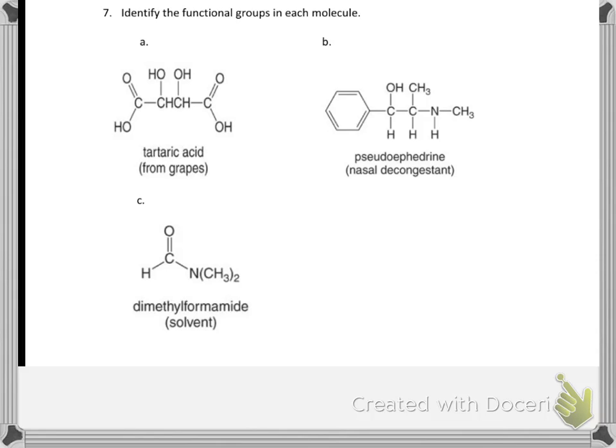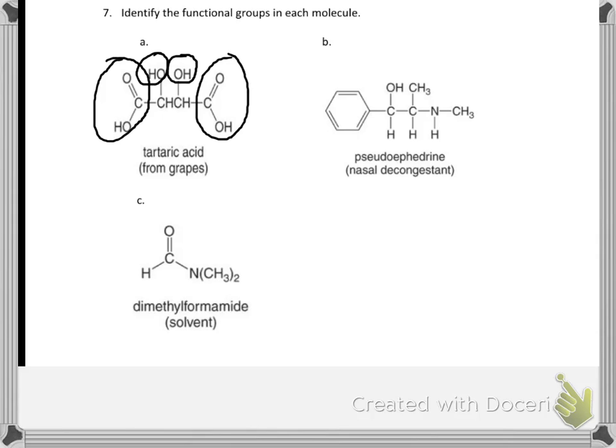Now, when I'm looking for functional groups, heteroatoms are the first thing I look for. On this first one, I noticed there's oxygens and hydrogens here, and then there's here and here. So I actually have 4 different things to identify.